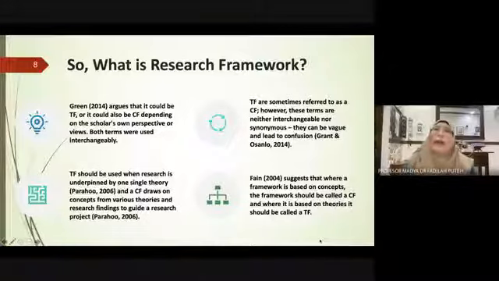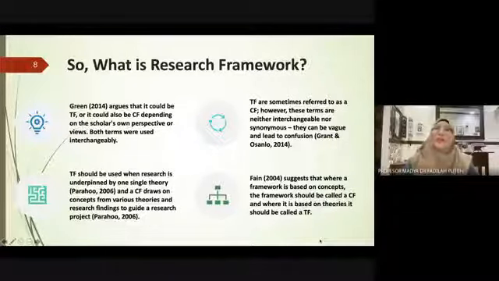What about the argument by Grant and Osanloo in 2014? They argued that theoretical frameworks are sometimes referred to as conceptual frameworks. However, these terms are neither interchangeable nor synonymous. They can be vague and lead to confusion.